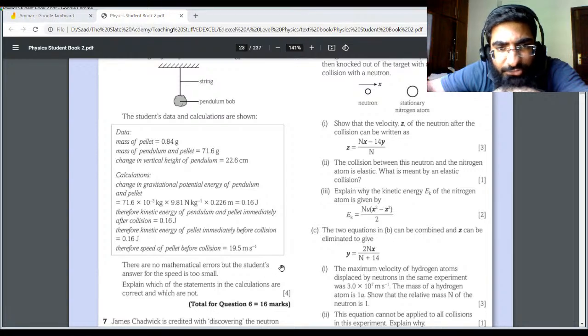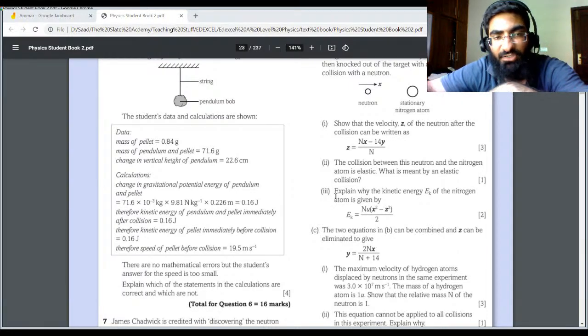We'll have to say that this is based on the assumption that the collision is elastic. If the collision is not elastic, then kinetic energy won't be conserved, and it won't be accurate to say that potential energy gained is equal to kinetic energy provided. Some kinetic energy will be lost.